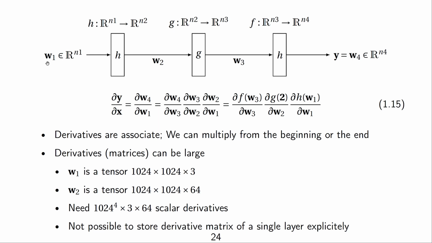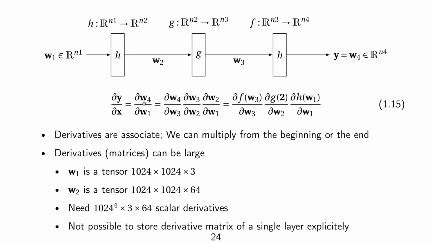All right, so let's write this out using the chain rule. The partial y partial x, that is, what is the sensitivity of the final output of this complete mini network, of this mini computational graph, with respect to the input x?